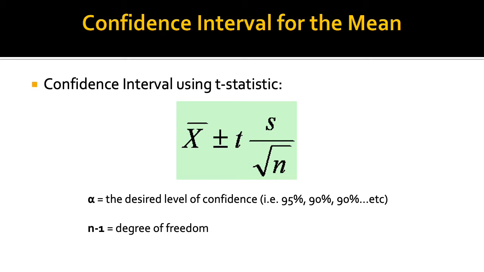And again, 95, 99, 90%, etc. Then you have s divided by the square root of n, and s, of course, is the sample standard deviation. So this becomes our standard error. And when the standard error is multiplied by the t statistic, that whole section after the plus or minus is our margin of error.